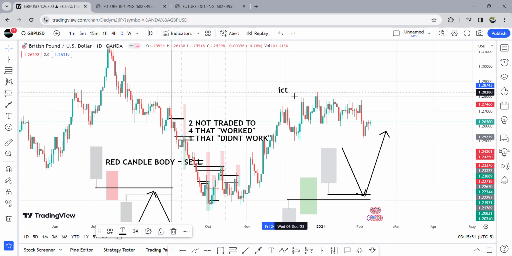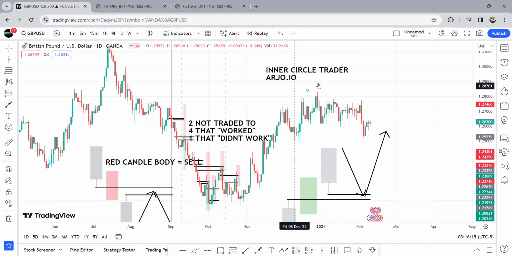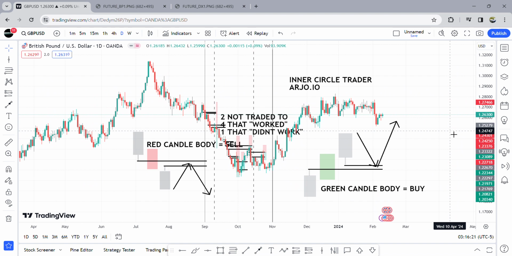So ICT, Inner Circle Trader, there's actually only 2, and rjo.io. They're both on YouTube. You can go and search their names. They'll explain more in-depth if you want a more in-depth view on these candle patterns and things.